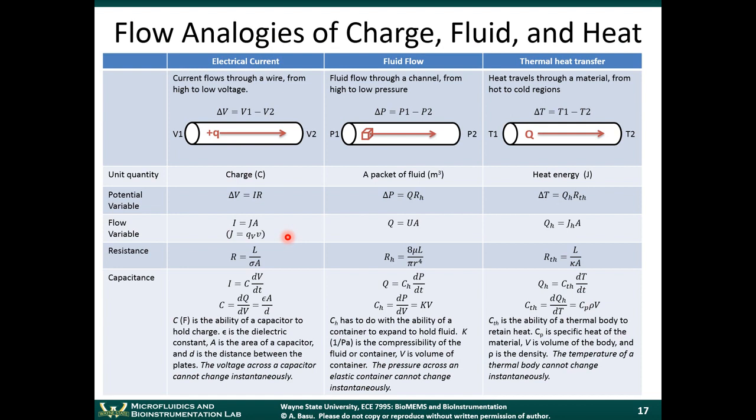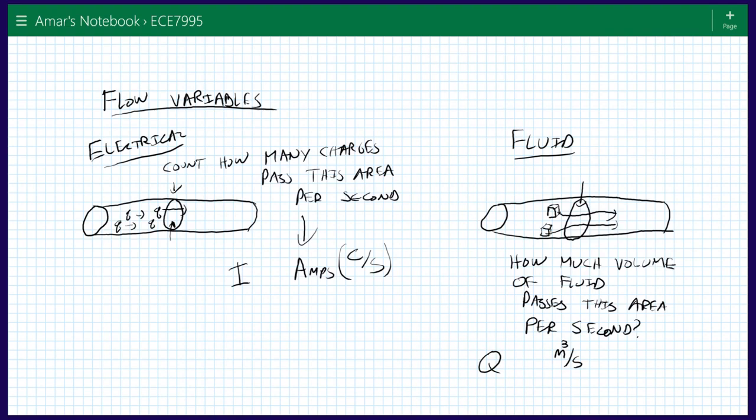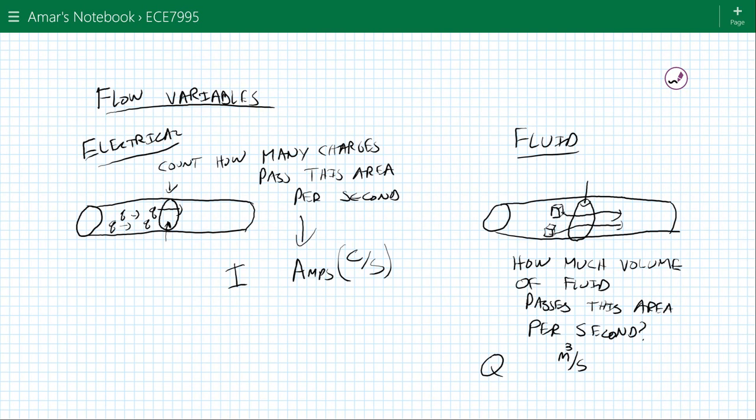So the flow variable is I. The way that we define I, we call it I is equal to the current density times the cross-sectional area. Going back to this graph, I is given in terms of amps per second.